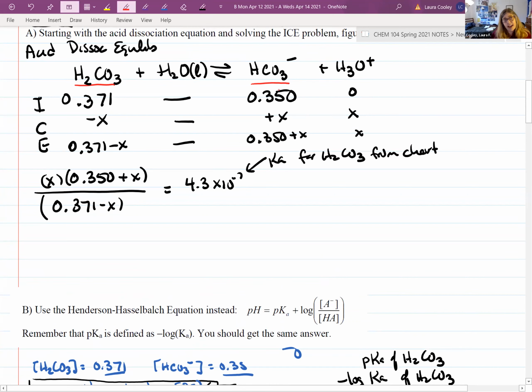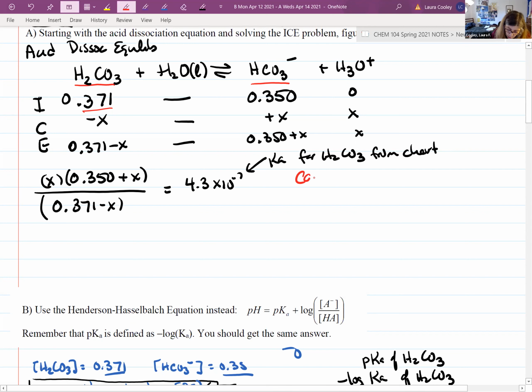It looks terrible, but it isn't terrible, because this is a problem where you have the acid and its conjugate base. If you only had the acid, you'd have to justify neglecting the x by looking at the magnitude of the Ka, 100 times the Ka, and the initial concentration of acid. This initial concentration is certainly more than 100 times the Ka. But in a problem where we have also added HCO3 minus, that drives the equilibrium backwards, and so you have an even smaller x.